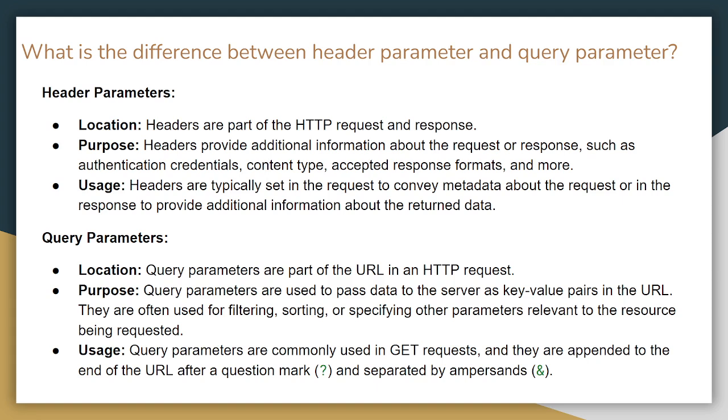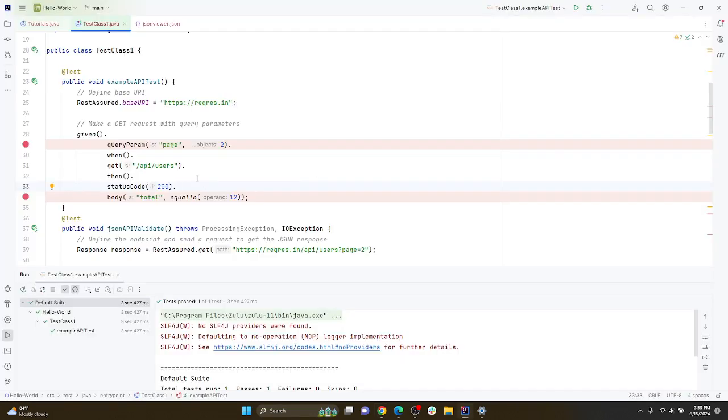Usage: headers are typically set in the request to convey the metadata about the request or in the responses to provide additional information about the return data. Okay, the way you should write is, here you can put header. Okay, and you can just say something like I want to put authorization.